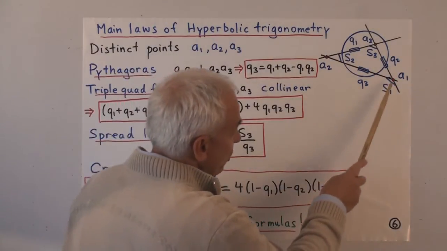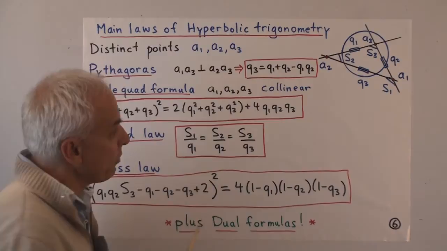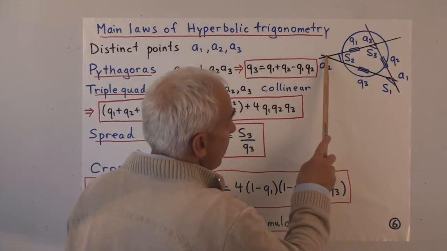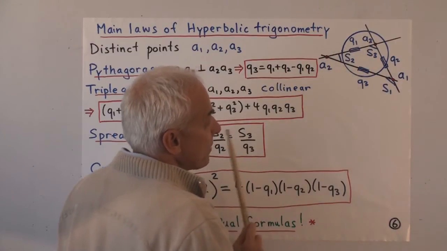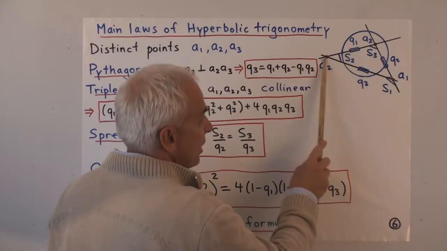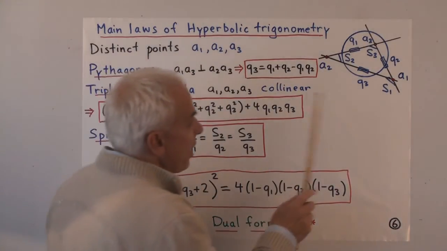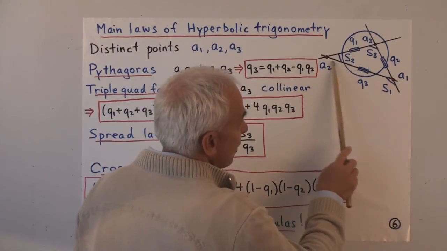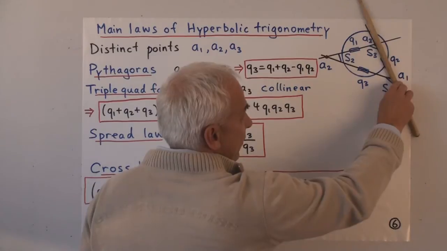So here's a kind of a picture. There's say A1, A2, and A3. Then we'll agree that the quadrance Q1, little q1, is the quadrance between A2, A3. The quadrance Q2 is between A1 and A3. And the quadrance Q3 is between A1 and A2. The spread S1 is the spread between the 2 lines of the triangle emanating from A1. So the spread between this line and this line.